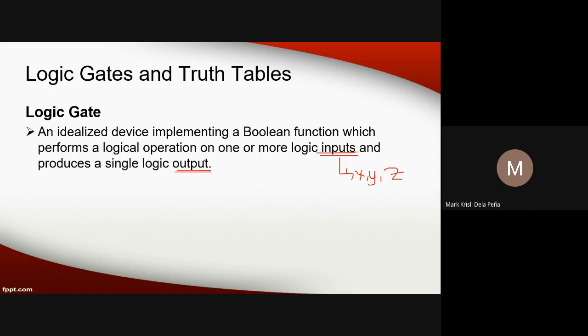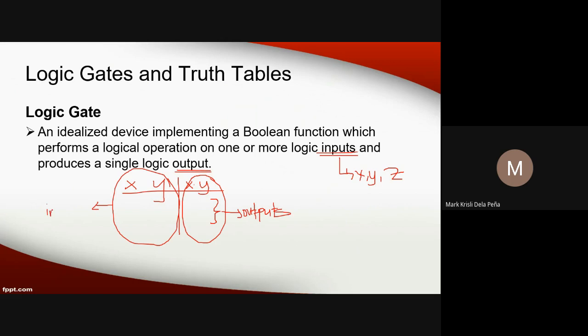In the truth table, that's the last column. For example, you have x, y, and you are getting the Boolean product of x and y. So this column here is our outputs. Whatever the values here, these are our outputs, which means that the columns on the left, these x and y, are our inputs.